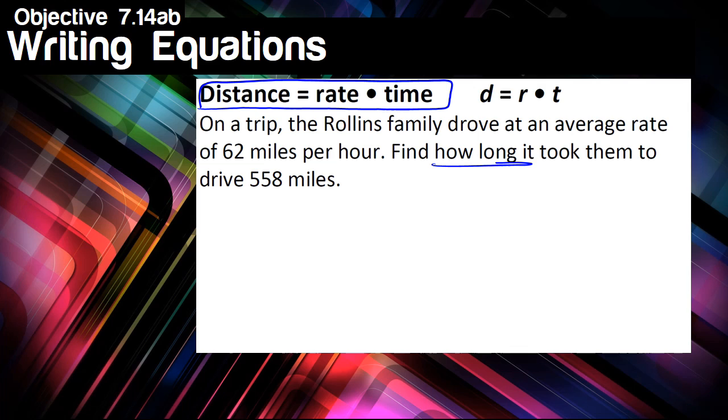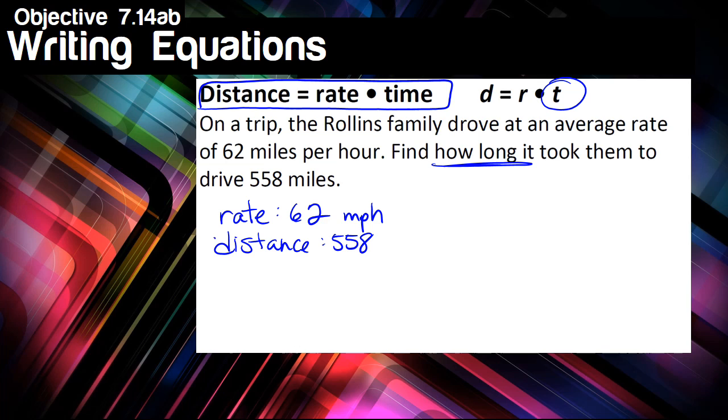So we got to figure out how long it took. So T would be equal to time. So T is what we're trying to solve here. So our rate, how fast we are driving, is 62 miles per hour. And our distance is going to be 558 miles. You're just writing down some key information to help you out.